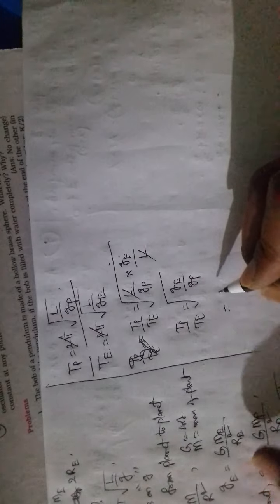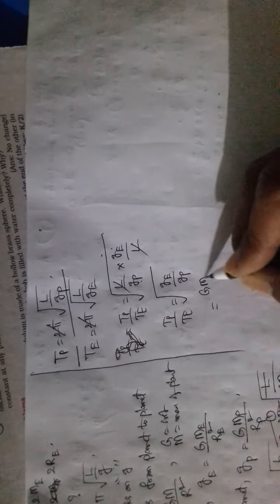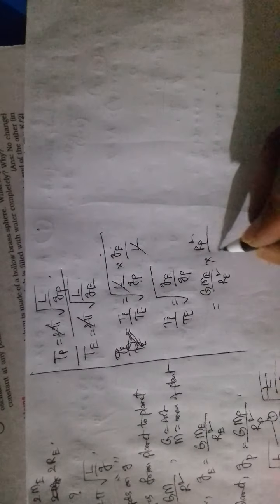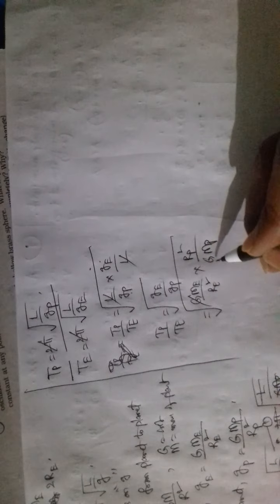So let us substitute the g value and the gp value. Capital G gets cancelled.